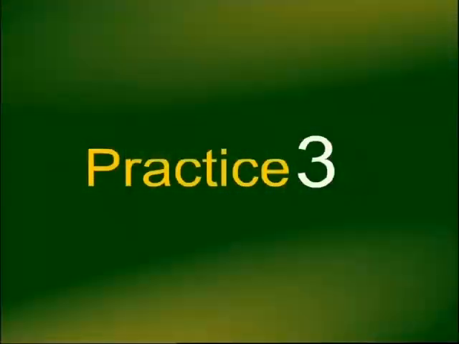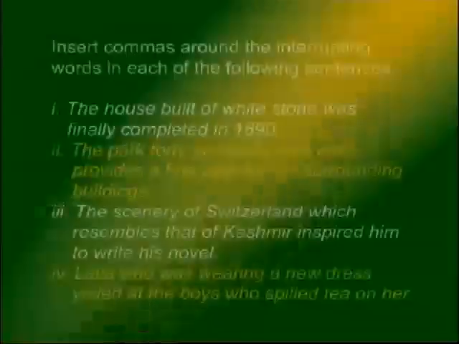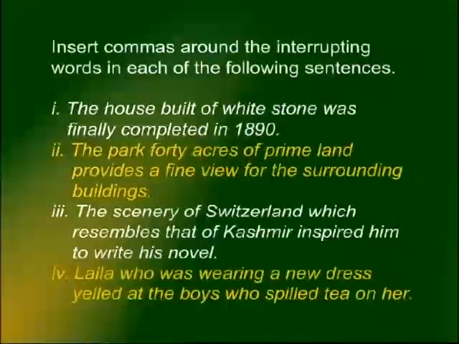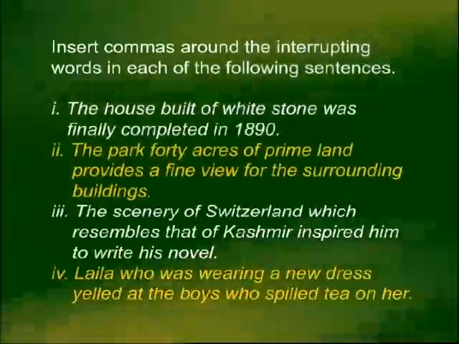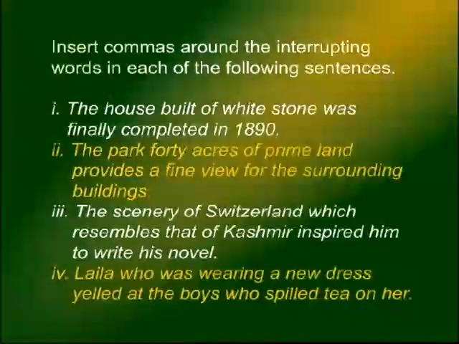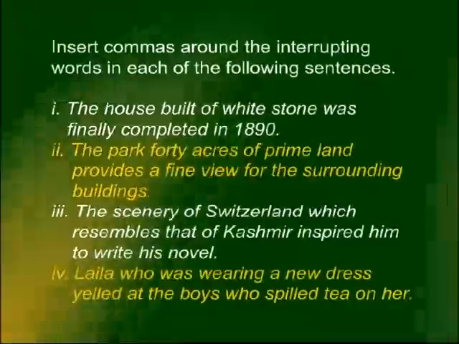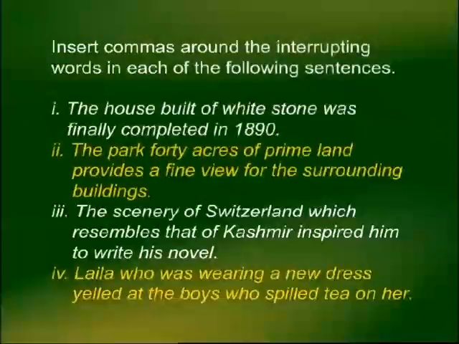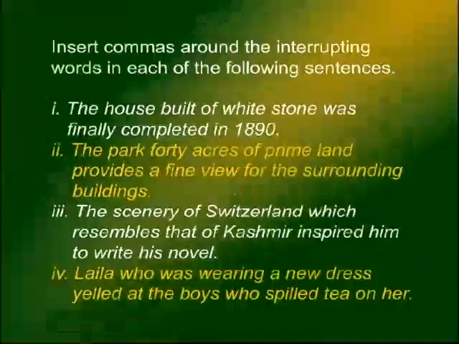Right? Another practice session for that rule that you've learnt just now. Insert commas around the interrupting words in each of the following sentences. Sentence number 1. "The house, built of white stone, was finally completed in 1890." And you would have commas after the word house and after the word stone. Number 2. "The park, 40 acres of prime land, provides a fine view of the surrounding buildings."